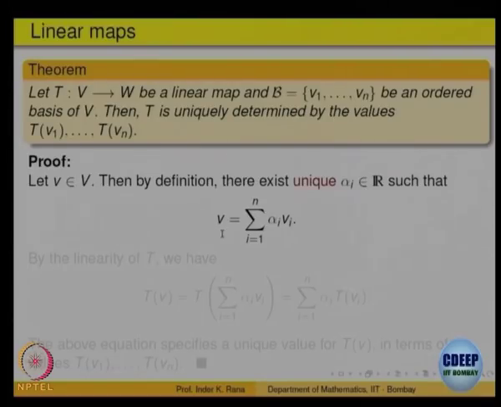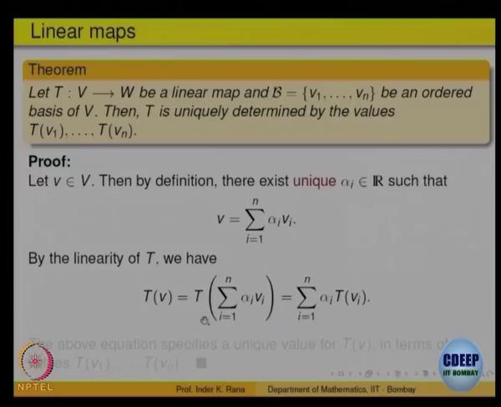But if T is this, so what is T of v? T of v is T of the linear combination, but T is linear. So, what is T of the linear combination? It is a linear combination of the individual ones.